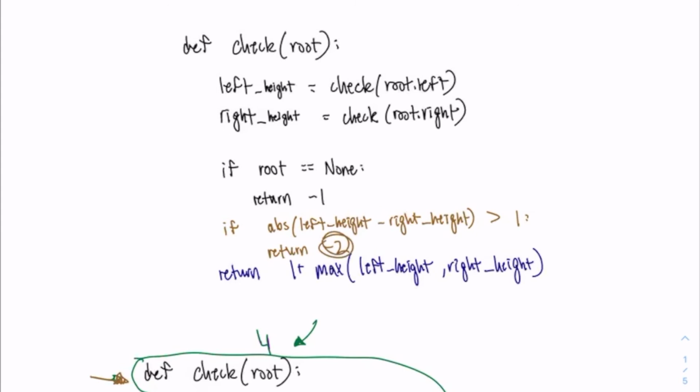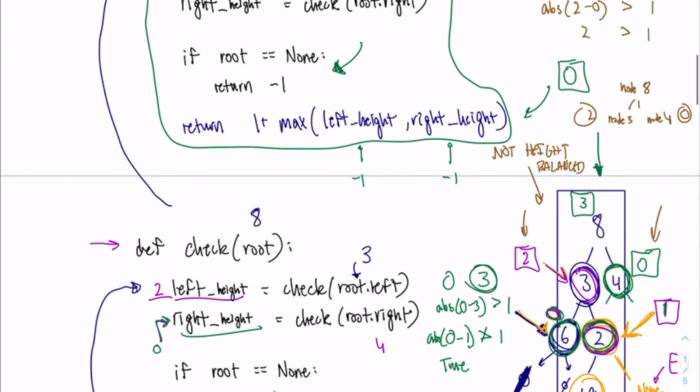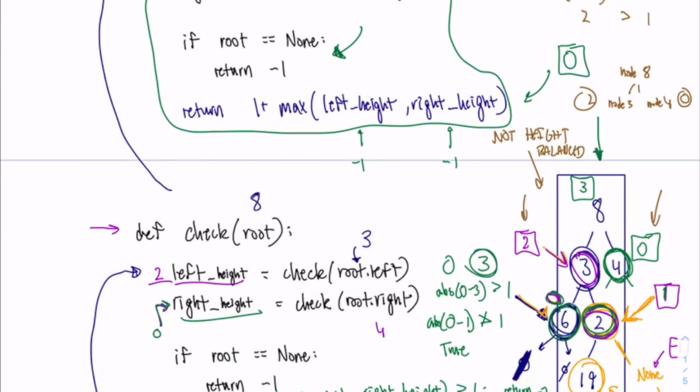It could be -3, it could be -8, negative whatever. As long as it doesn't get in the way of the possible return values for this, or it's not -1. So a good bet is making it a number less than -1, because there's no way you can attain it. So we return -2 if the height difference is not balanced.